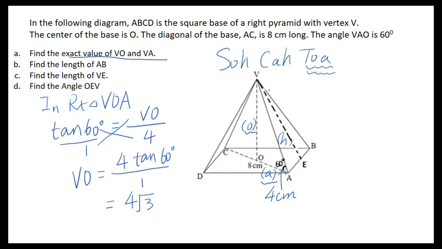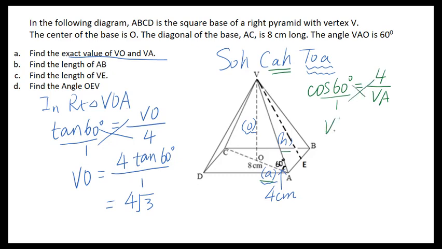We are looking for VA. We've got to use cosine, because adjacent over hypotenuse, that's cosine. So we have cosine 60 degrees equals adjacent, that is 4, over VA. So cross multiply.